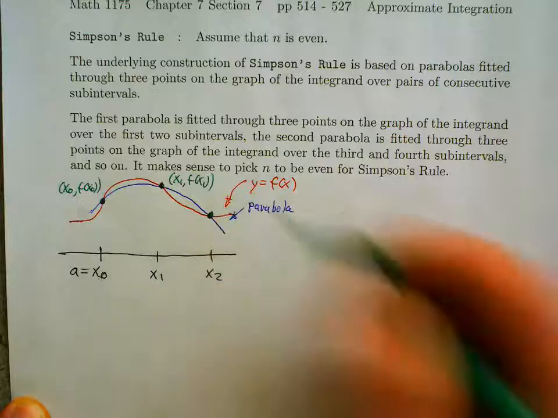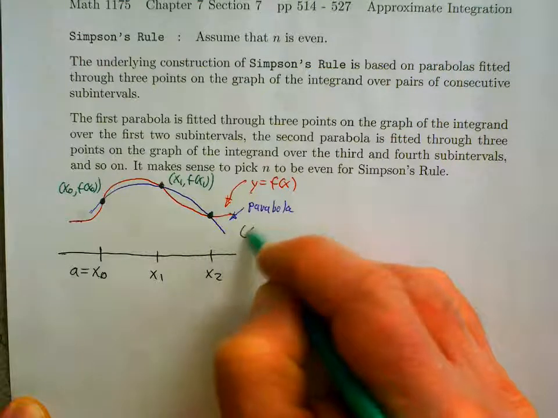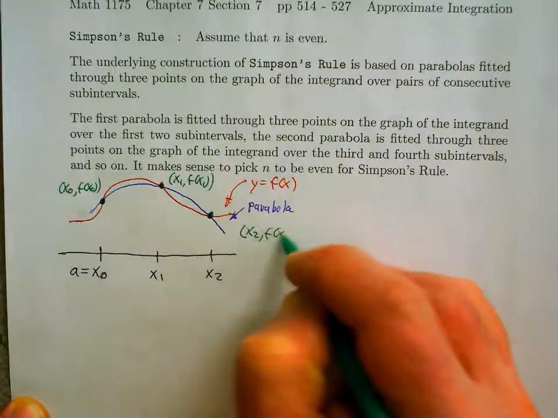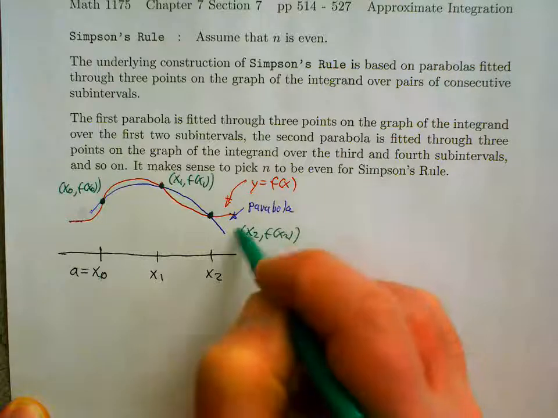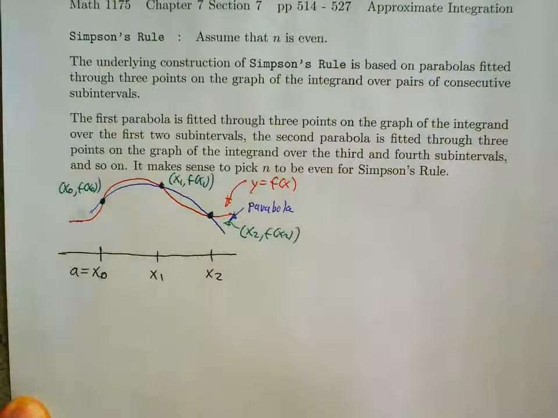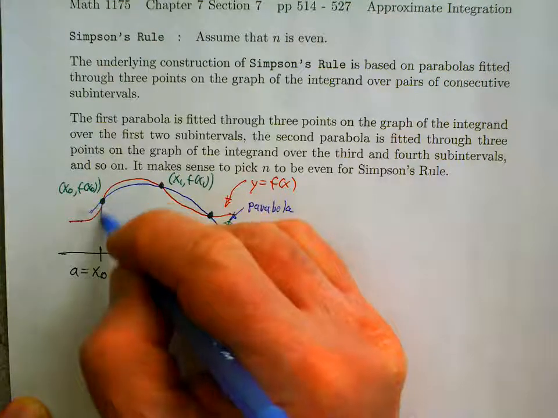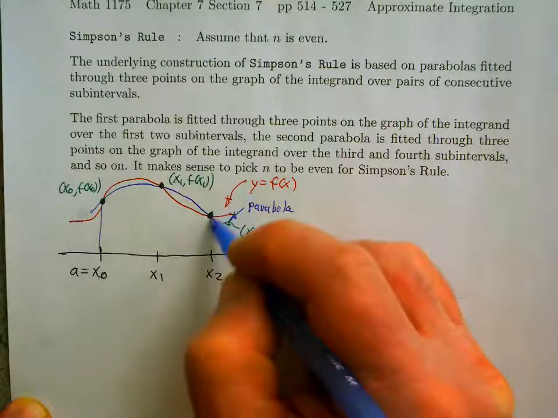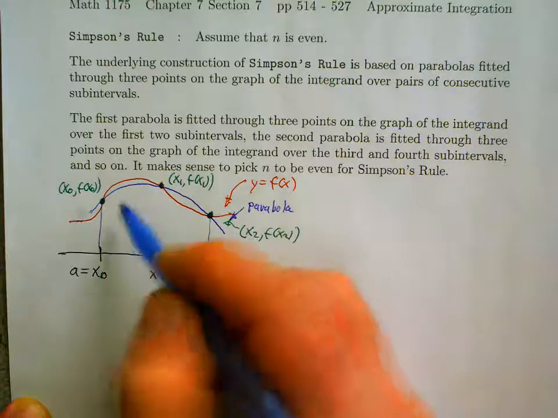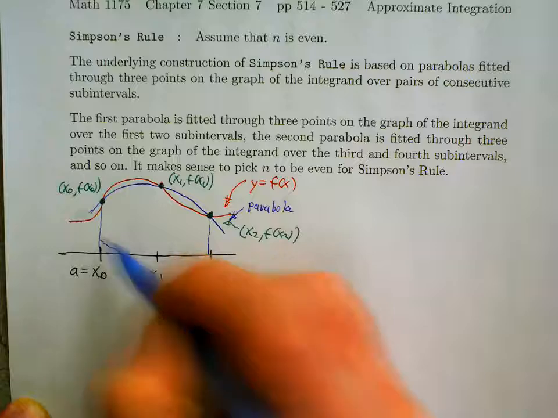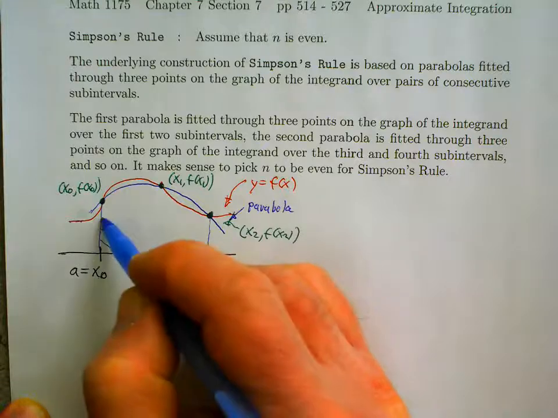And through that one, x sub 2, f of x sub 2. Okay, so the area that's below the parabola is what we're using to approximate that portion of the definite integral.